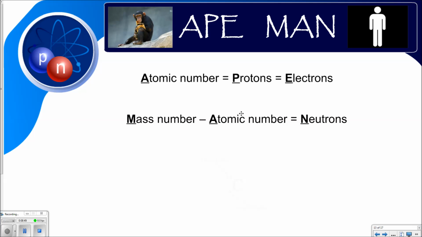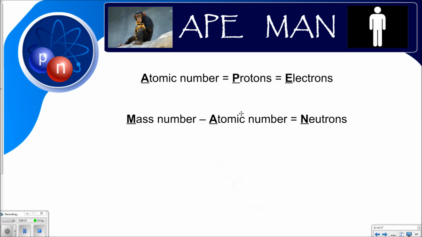So I can get calculations where you need to figure out the number of protons, neutrons, and electrons in different forms of different atoms. So a way to keep all of that together and to remember those calculations is to use this mnemonic, APE MAN. It's corny, I realize that, but it is really helpful. So APE MAN, what does it mean?